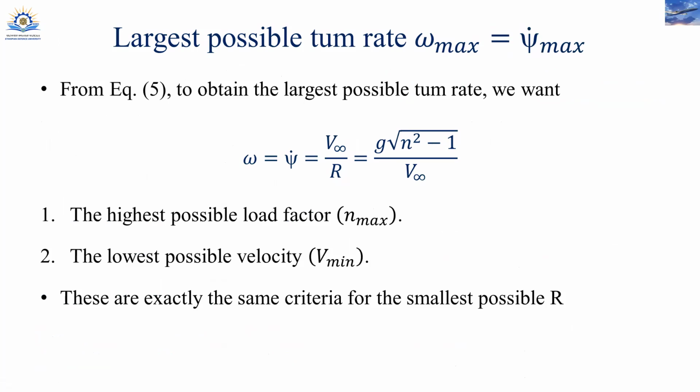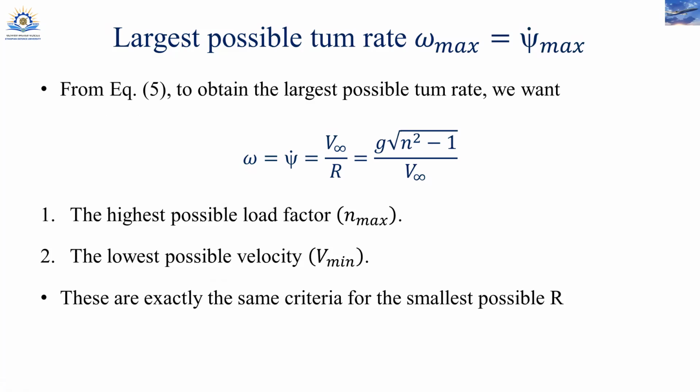As I told you, our intention is to get N max and omega max, but R should be minimum, right? The smallest turn radius for omega max, which is psi dot max, we can obtain from the equation of omega.